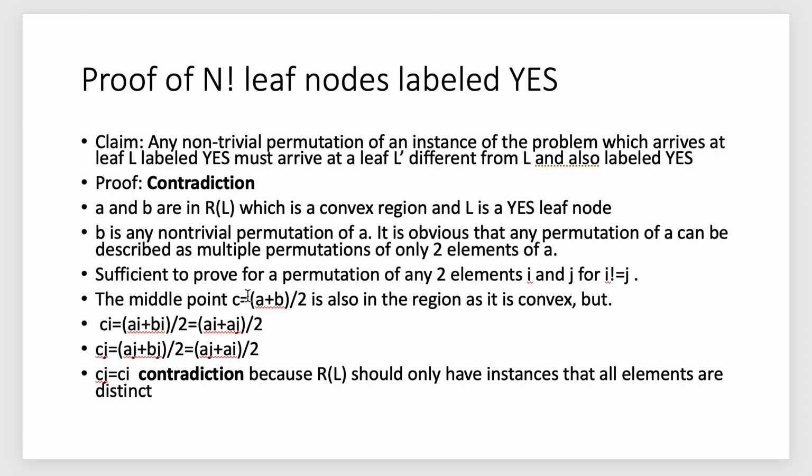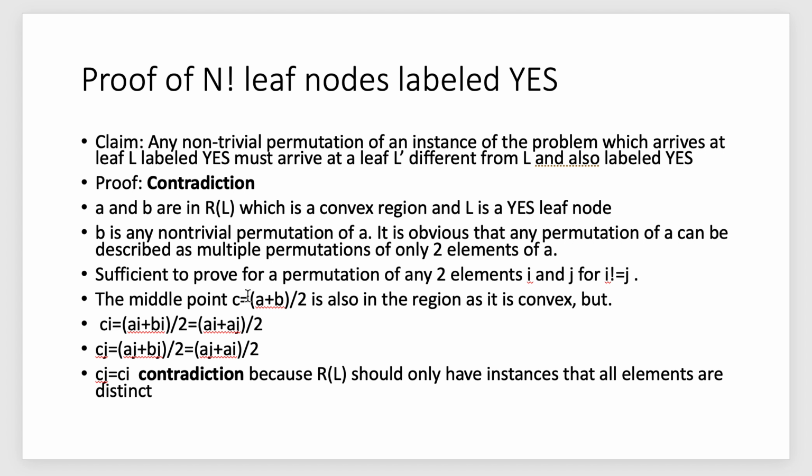But they can't be equal, because otherwise it would not belong to R of L, because L is a leaf that is labeled yes. All the instances of the problem that go there must have all distinct elements.